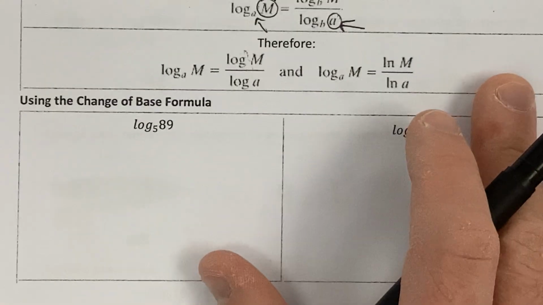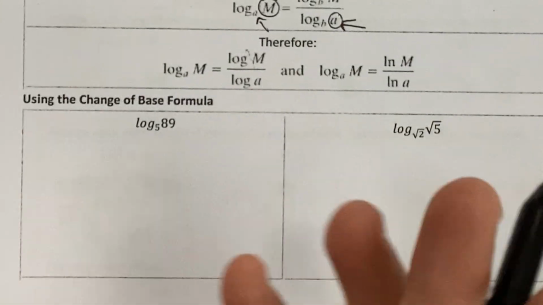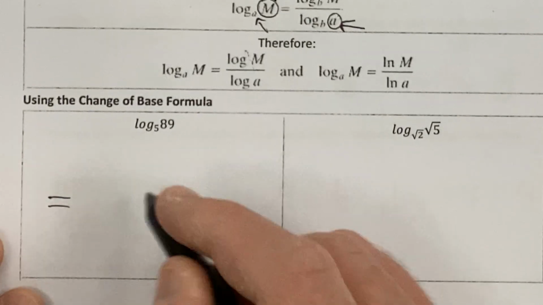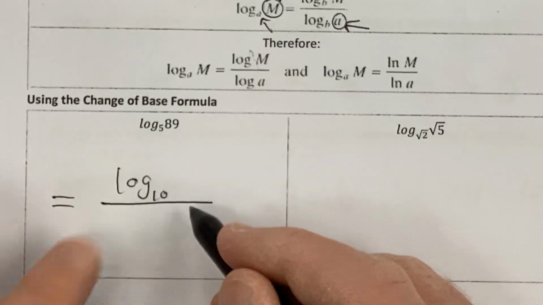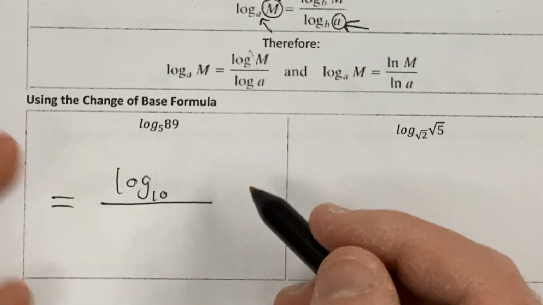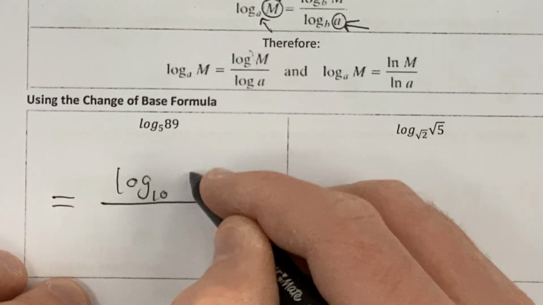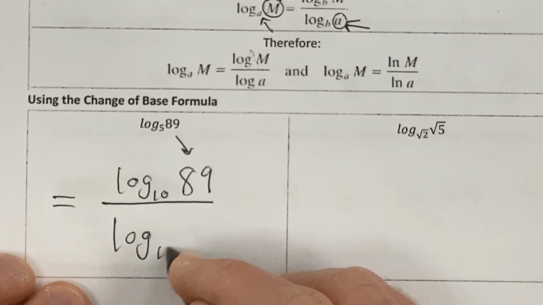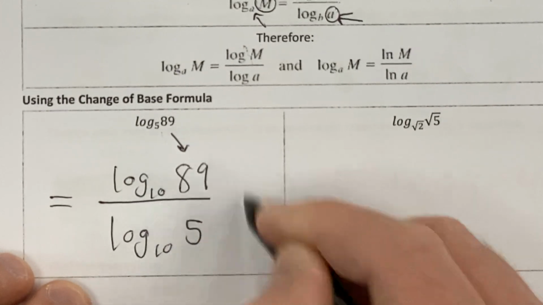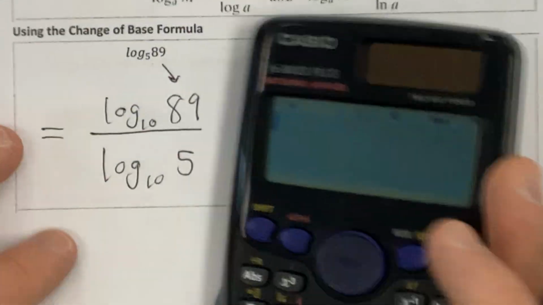So, to do this, again, you all can just type this in your calculator, but the base change formula says this should be log base 10, which I don't need to write 10, but I'm writing 10 to clarify. This is log base 10 of 89, so it's the number I want to find it at, over the log base 10 of 5. That's the base I wanted. So you can plug this in a calculator.